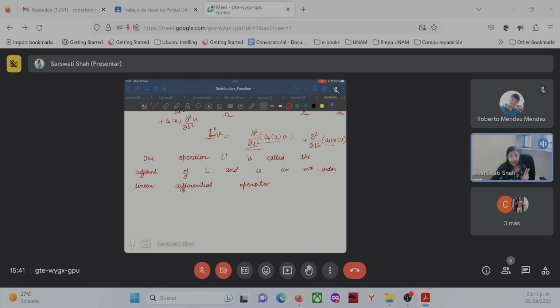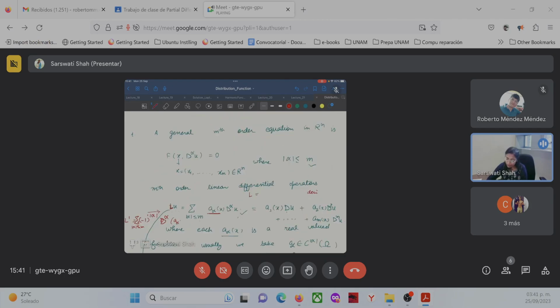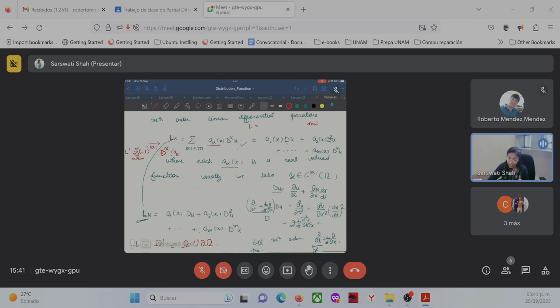If it is a second order linear partial differential equation, the coefficients should be second order differentiable. That is why in the very first week I wrote that a alpha x is a real valued function, and usually a alpha belongs to the space of modulus of alpha order differentiable functions.